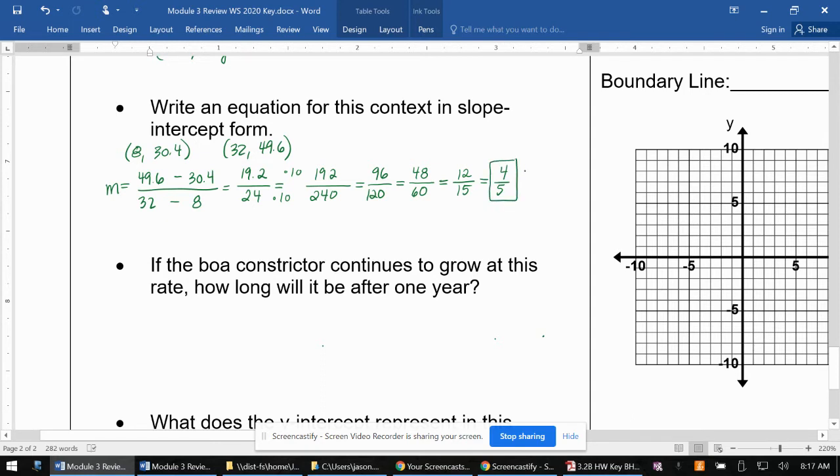Next, we're going to take one of our points, and we're going to plug it into y equals mx plus b. So we have 30.4 equals 0.8 times 8 plus b.